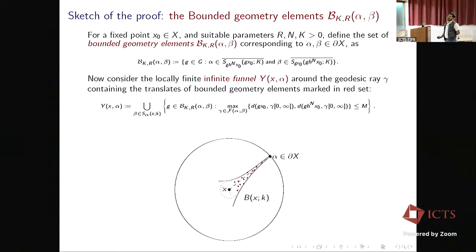So this set is, you are taking one side of this, you are looking at the shadow. So here, suppose you have alpha here, so you are looking at the shadow of alpha somewhere here with respect to this ball. And now you are taking all the bounded geometry elements for all betas that lie here. So that is essentially the set that we are defining here.